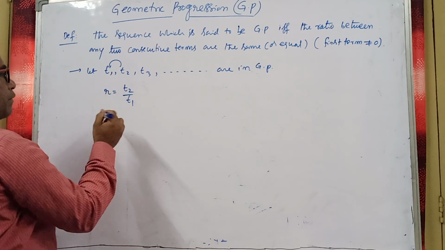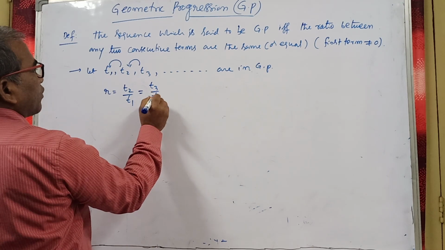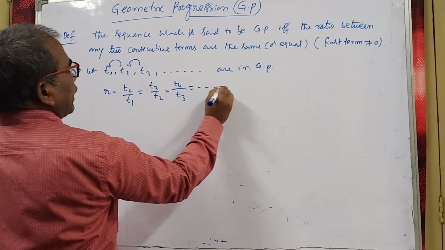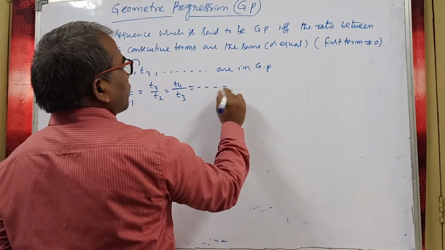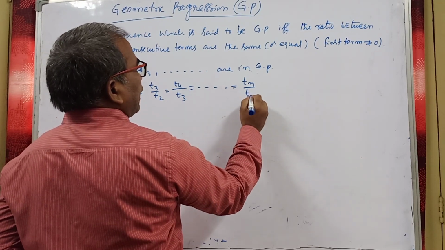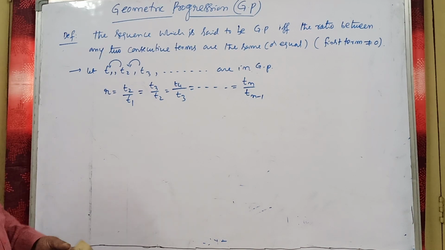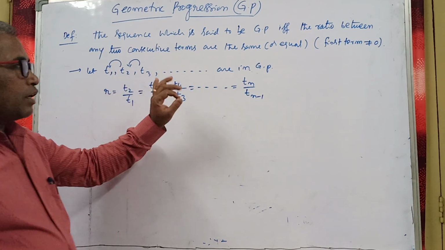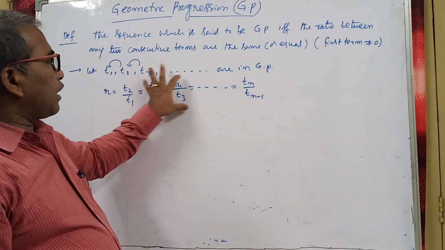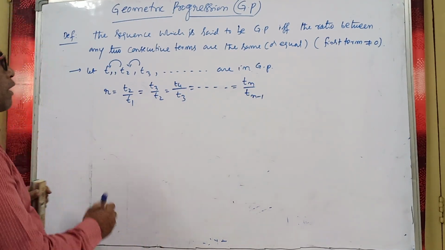So T2 by T1, or T3 by T2, T4 by T3. It goes like this. If you take the nth term, Tn by Tn minus 1. This ratio is called R. Whenever we take any two consecutive terms, the ratio is equal. Since the ratio is common, it is called the common ratio.